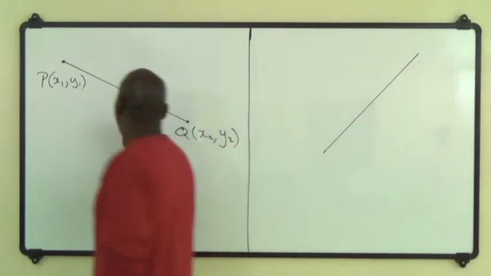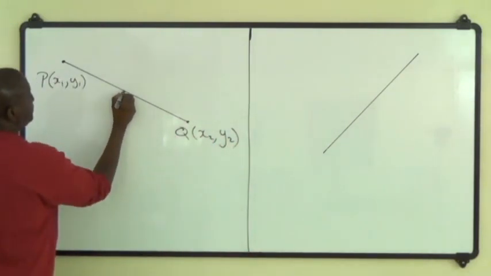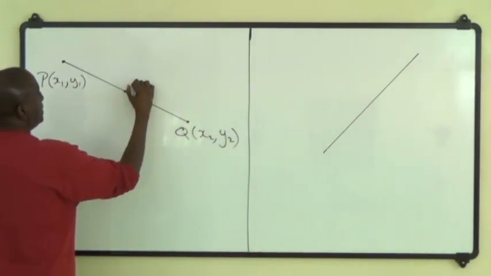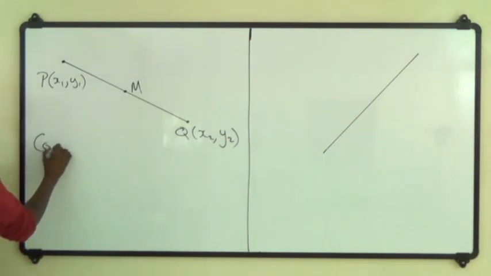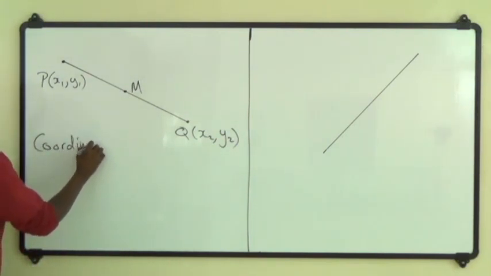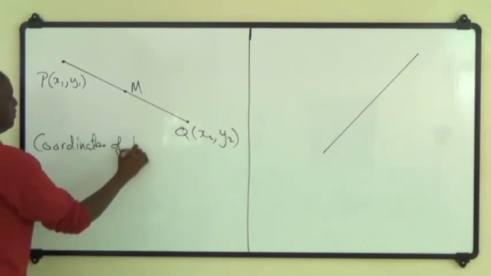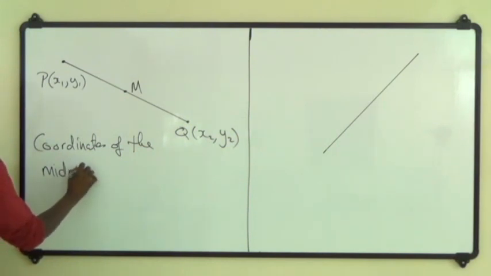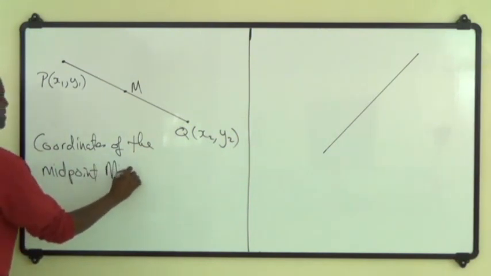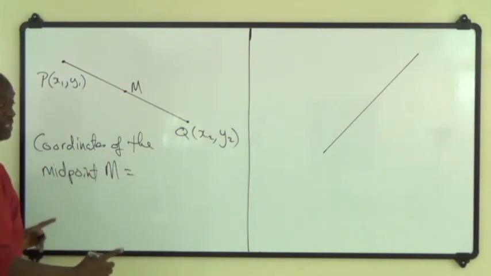The midpoint of PQ, let me call it M. The coordinates of the midpoint M is equal to the average of the x coordinates.